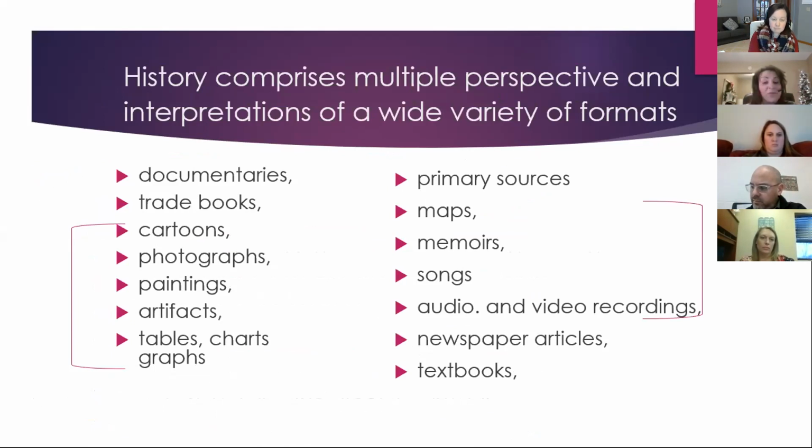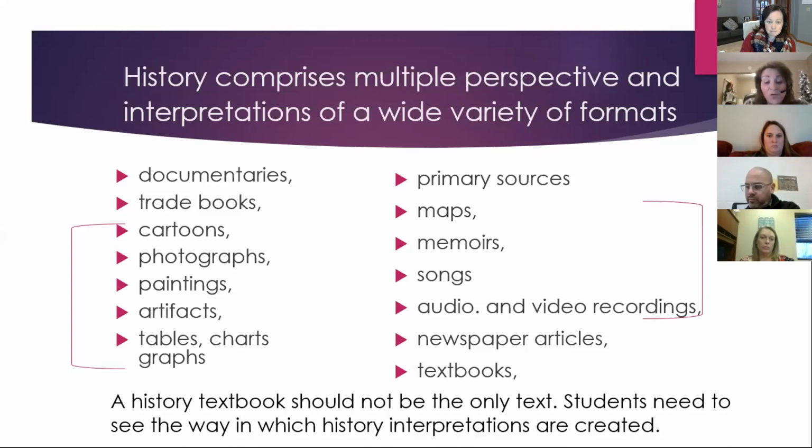When we look at just the few on here, kids may not be used to looking at anything but the last one listed, which is textbooks. And we know that a history textbook should not be the only text that they're exposed to when they're learning about a specific topic. Mainly because someone had to write that too, and they're not always free from bias. Many times it could be a one-person point of view, and it depends on the company and all sorts of factors.